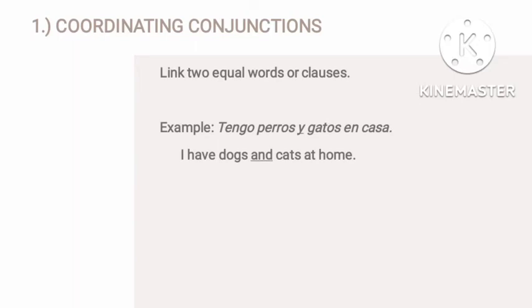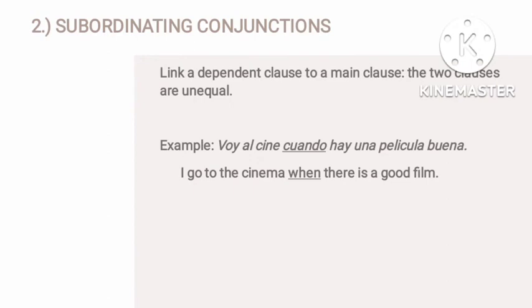The first one is the coordinating conjunctions. They link two equal words or clauses. The second one is the subordinating conjunctions. They link a dependent clause to a main clause. The two clauses are unequal.